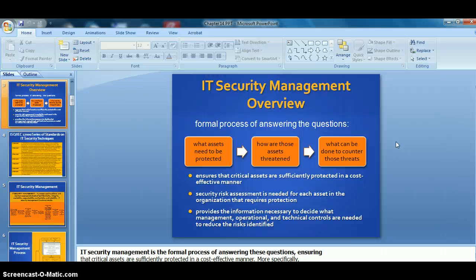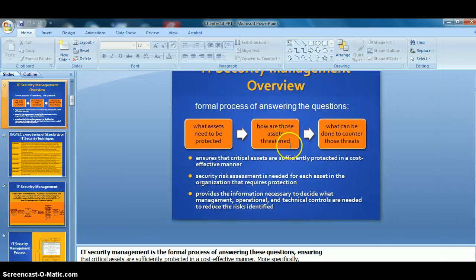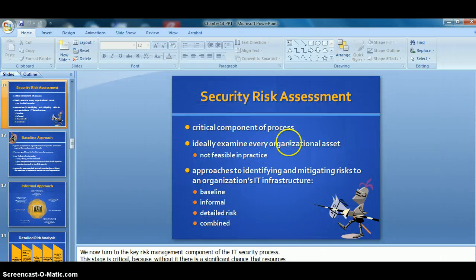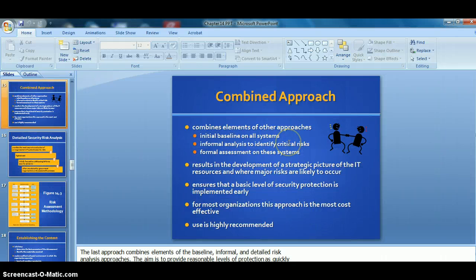And risk: the potential that a given threat will exploit a vulnerability of an asset or group of assets to cause loss or damage to the assets. Let's go through that terminology before we start.